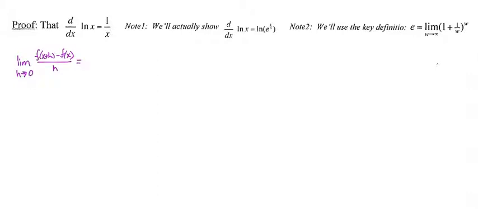And then here we're going to use the natural log as our function. So we're looking for the limit as h approaches 0 of the natural log of x plus h minus the natural log of x all divided by h.